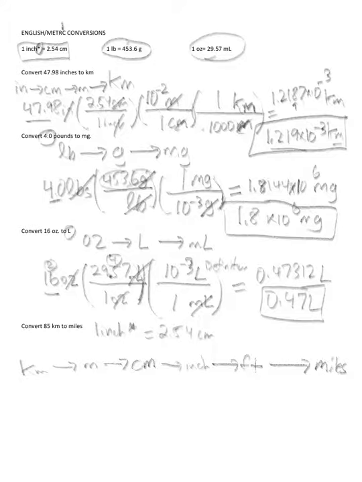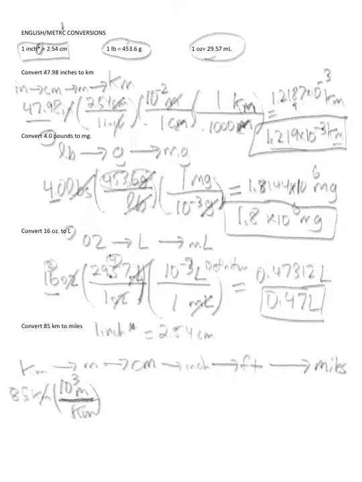So it's going to wind up being a 5-step process. We start out with our 85 kilometers. In our conversion factor, we want kilometers in the denominator so that they will cancel. Kilo is an SI prefix that means 1,000, or 10 to the third.